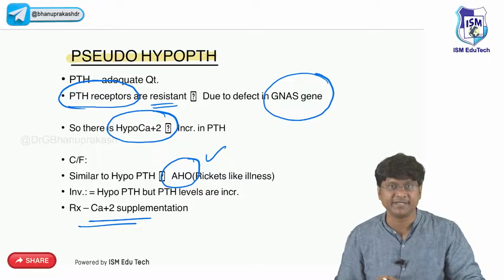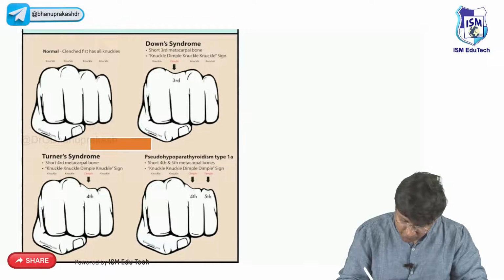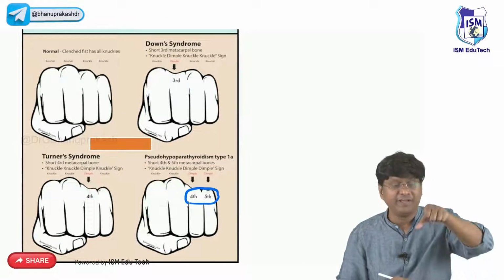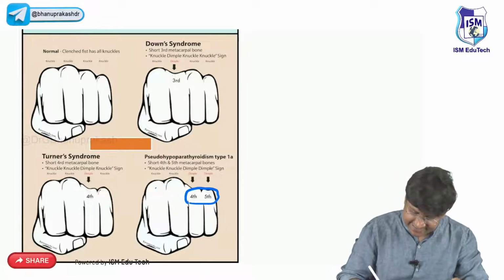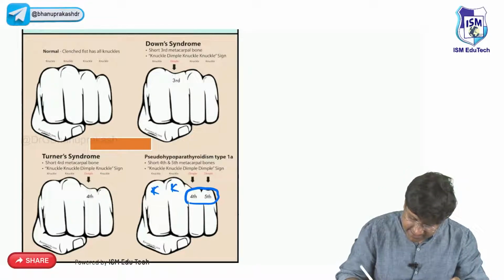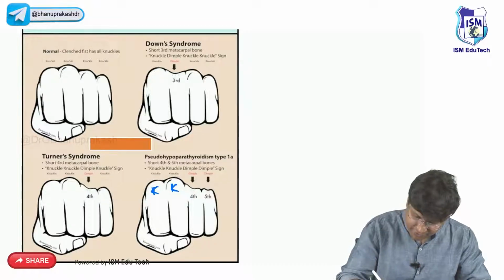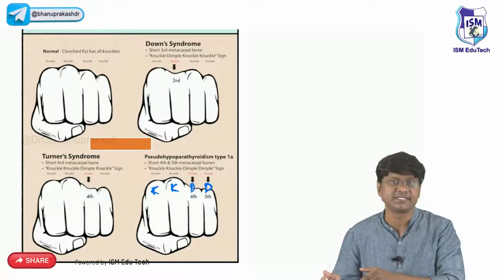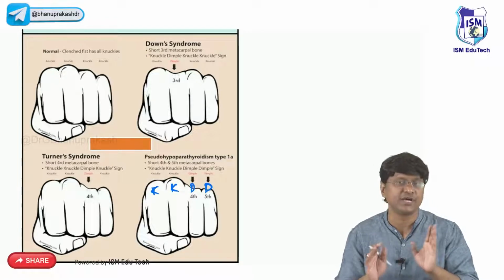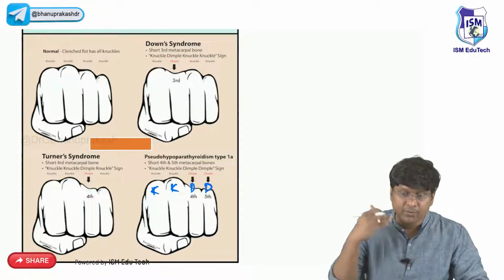That is calcium supplementation. Now, because of the short fourth and fifth metacarpal bones, whenever they make a fist, you will observe that there is a knuckle, but at this point you will notice that there is a dimple. So this is the knuckle-dimple sign that you come across in patients with pseudohypoparathyroidism, which is a part of Albright hereditary osteodystrophy. And what is the differential diagnosis?